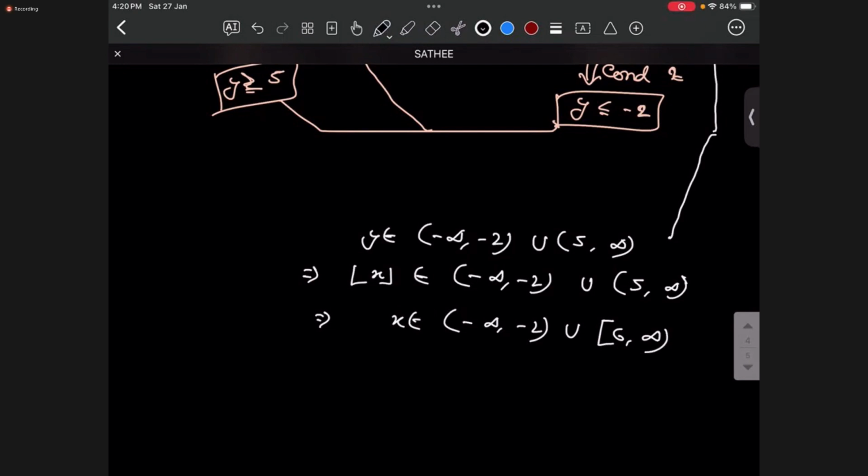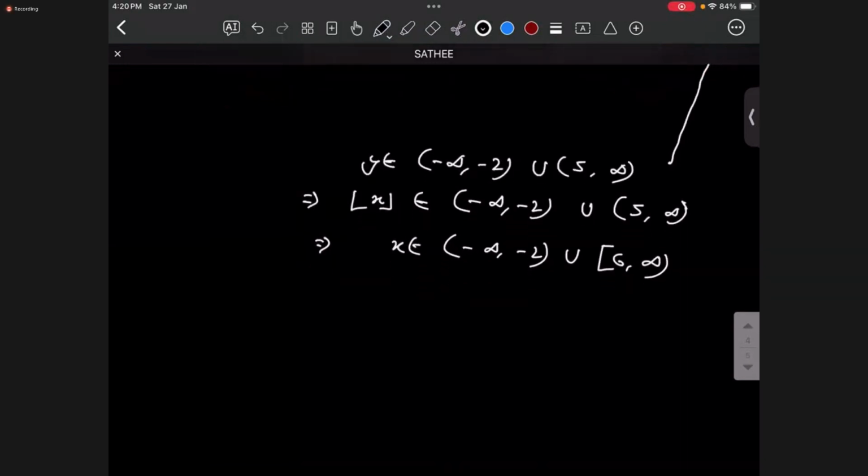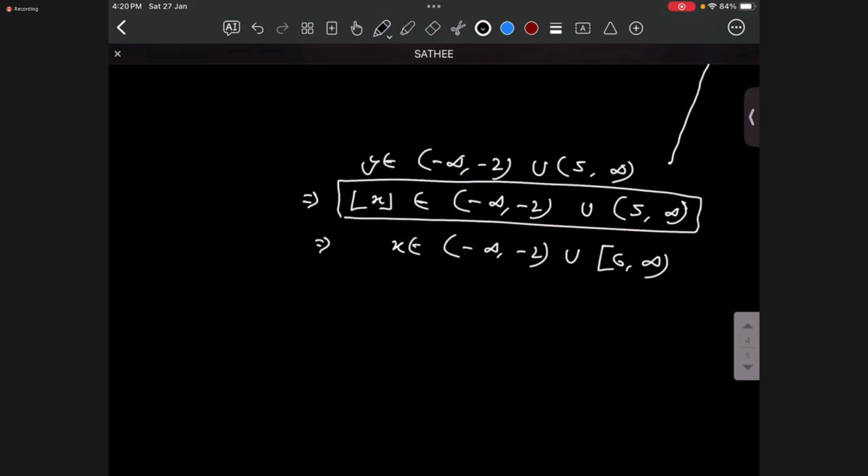Why is this? Okay. Let us verify this statement. We need to put this box x in this range. So for which kind of range can we get this? Let us check. First check that whenever x is less than minus 2, then what will be the box x?